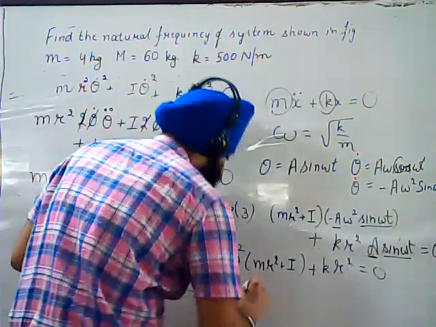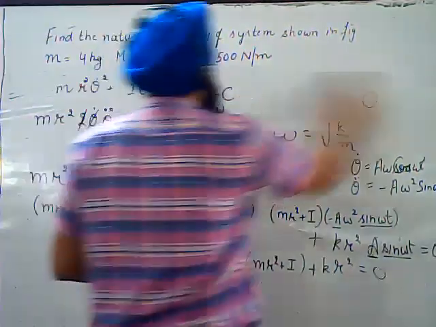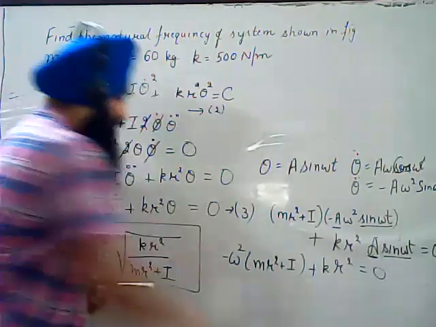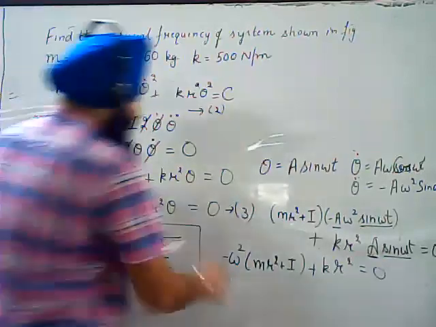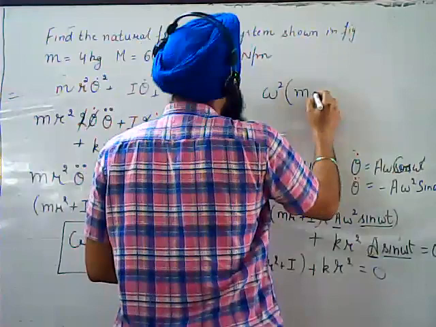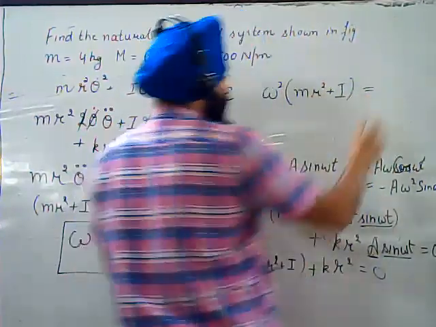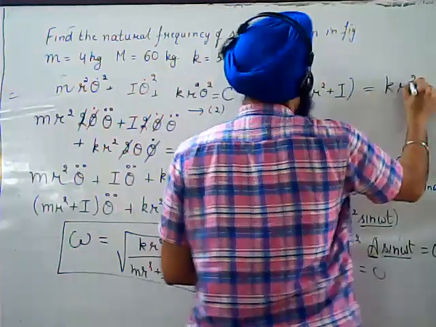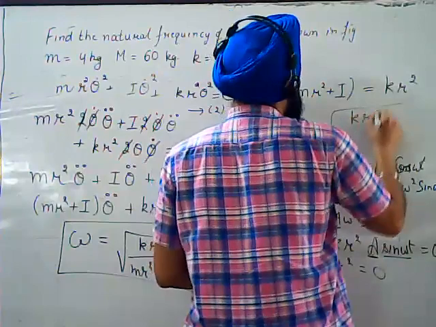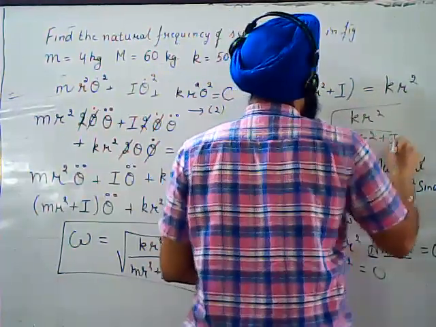So it will become omega square into m r square plus capital I equal to k into r square, or the value of omega will be under root of k r square upon m r square plus I.